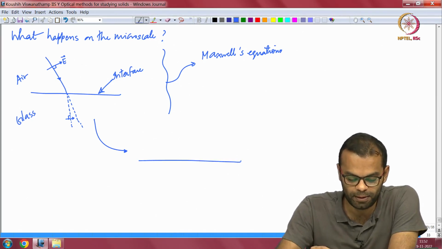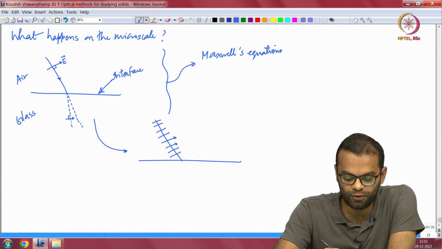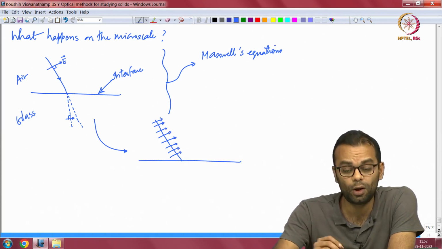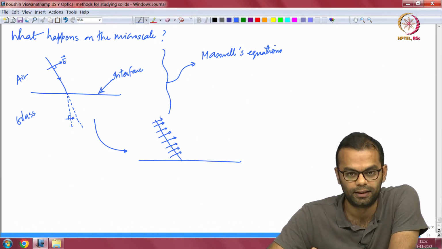So the usual thing that people will say is, you have light coming like this, these are the electric field vectors along the light travel along the ray direction, all of them parallel to each other. Let us say it is polarized. So, everything is the same direction for now, we will assume that.